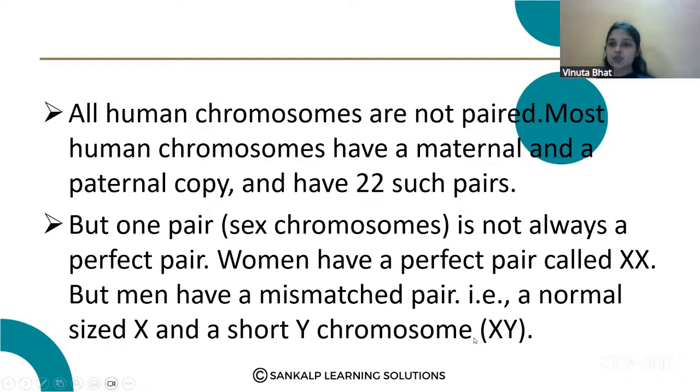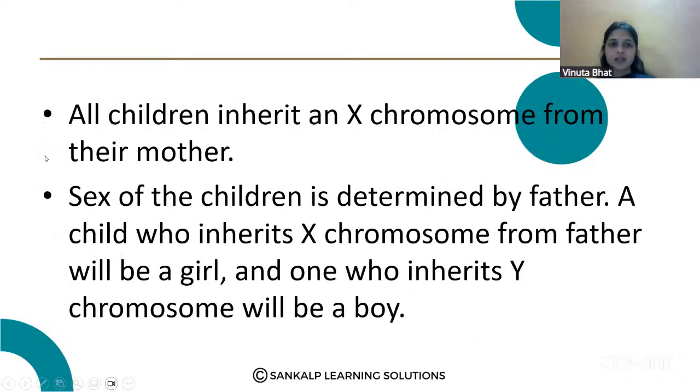In males, XY chromosome is present. In females, XX, that is the same chromosome. The 23rd chromosome pair is the same, XX. Here, all children inherit an X chromosome from their mother. Always the egg contains the X chromosome. The mother always gives the X chromosome to the children, but the sex of the children is determined by the father.